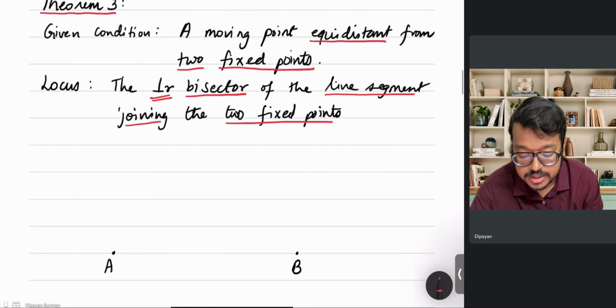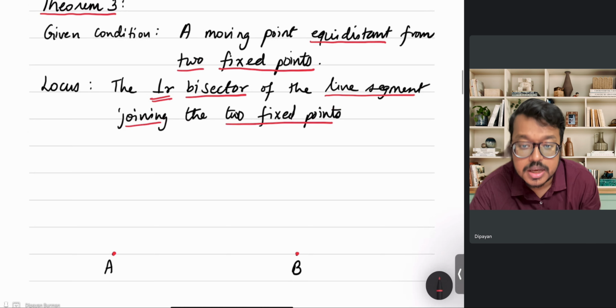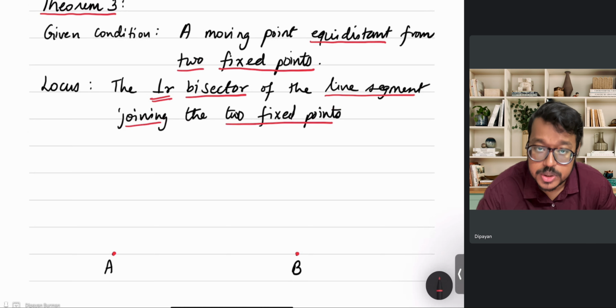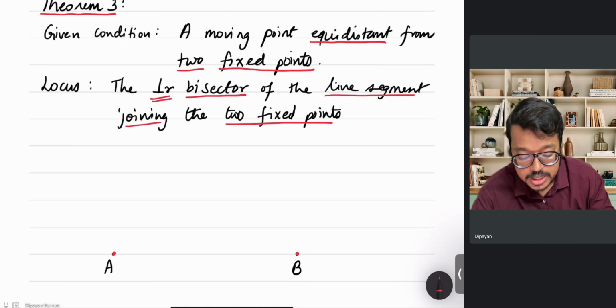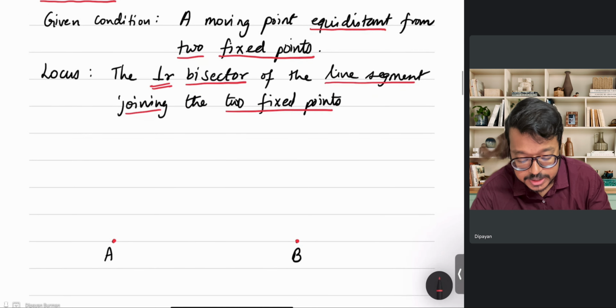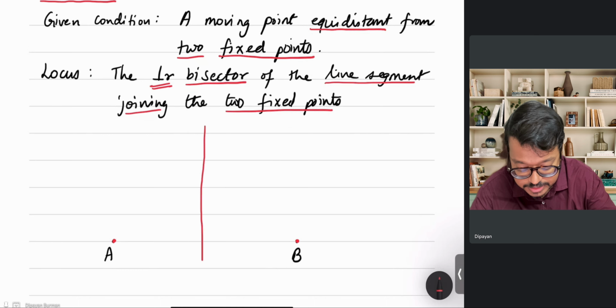So let's say that I have point A and point B as the two fixed points. Then the path traced by a moving point which is always equidistant from points A and B is going to be this line, something like this.